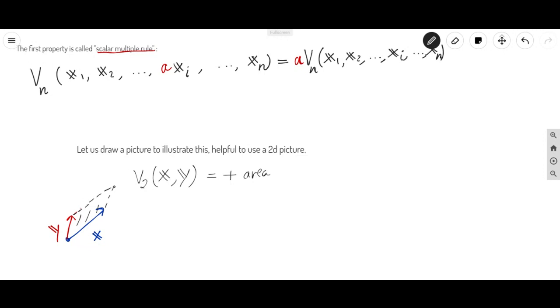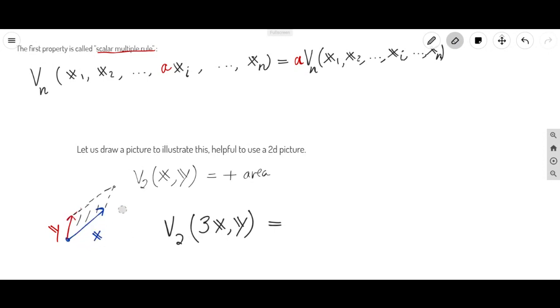Now, let's say we multiply x by a certain factor. Let's suppose the factor is 3. So we now have 3x. What is going to happen to our picture? Well, what happens with the picture is you are replacing this vector x by a multiple of itself.